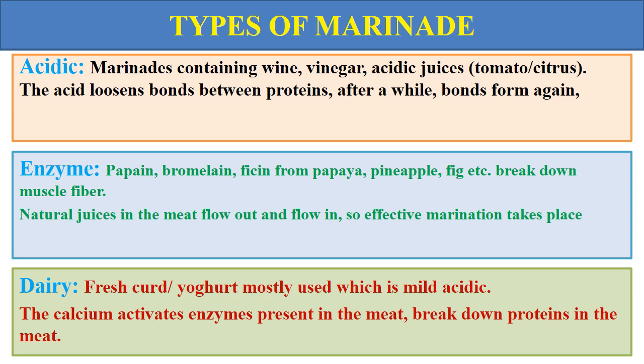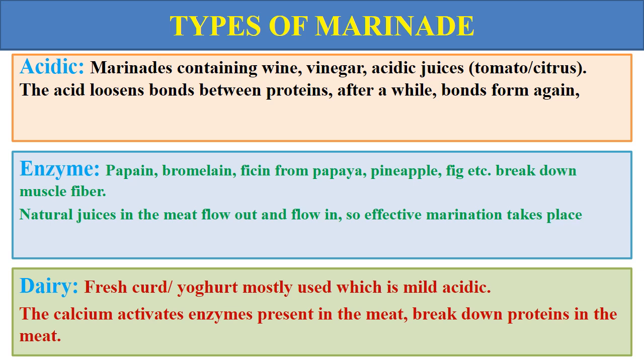The second category is enzymes, which is well known. The plant origin enzymes are used for tenderization also. The common enzymes are papain, bromelain and ficin: papain from papaya, bromelain from pineapple and ficin from fig. These enzymes are very well known to be used for tenderization purposes.